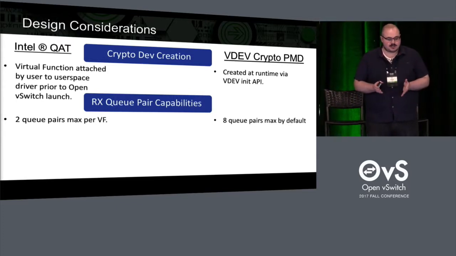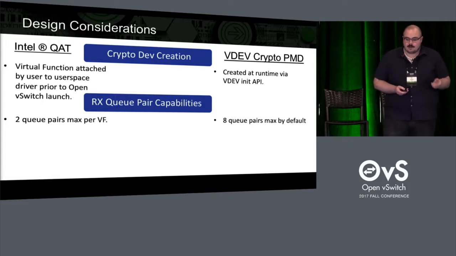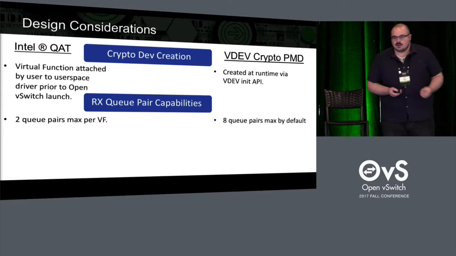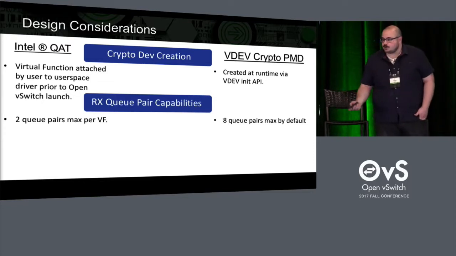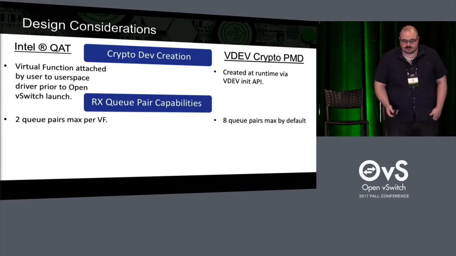That could be one aspect to look at. But if you only have 2 queues per VF, you might have to do some math: if I'm going to support 8 CPUs, then I'm going to need 4 VFs? Or do you just do a fallback where you use your VFs first and then you create VDEVs on the fly to take over for queues that cores need to correspond to?